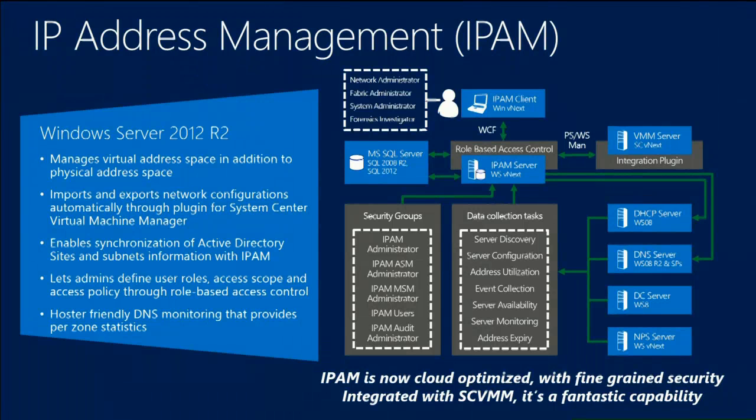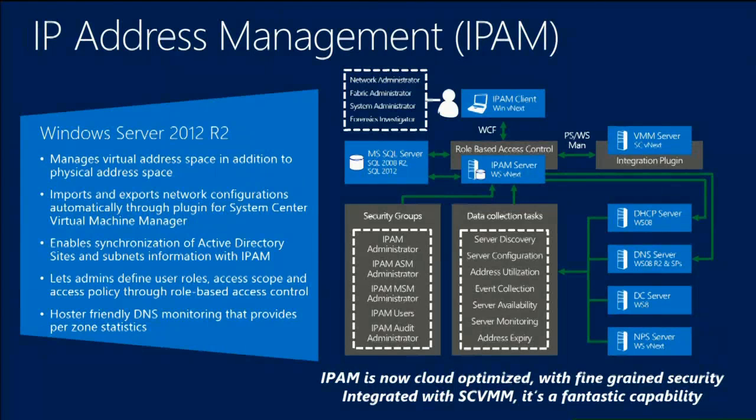SCVMM has the ability to manage tenant space within that address pool. And SCVMM now hooks back into IPAM and reports on IP address utilization so that the IPAM UI can holistically report on it in one place. So IPAM can now streamline management of your overall fabric.